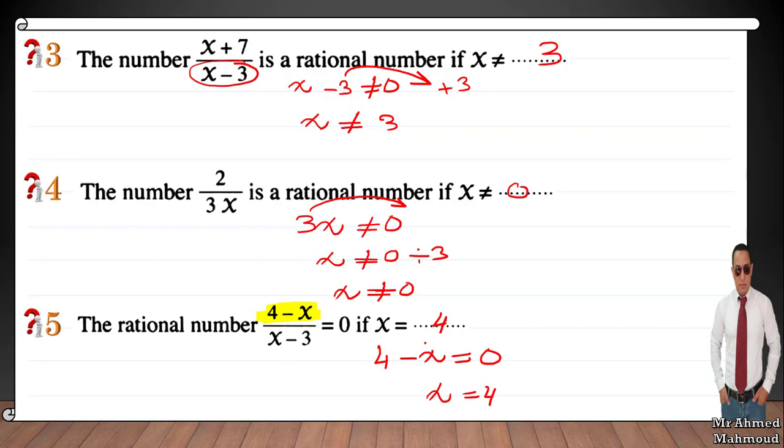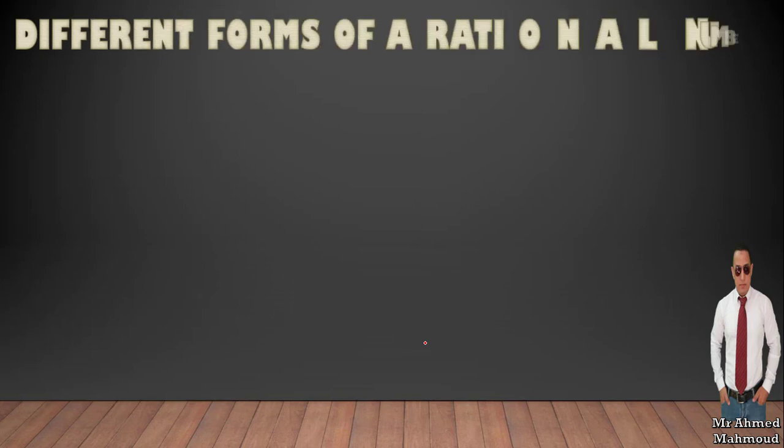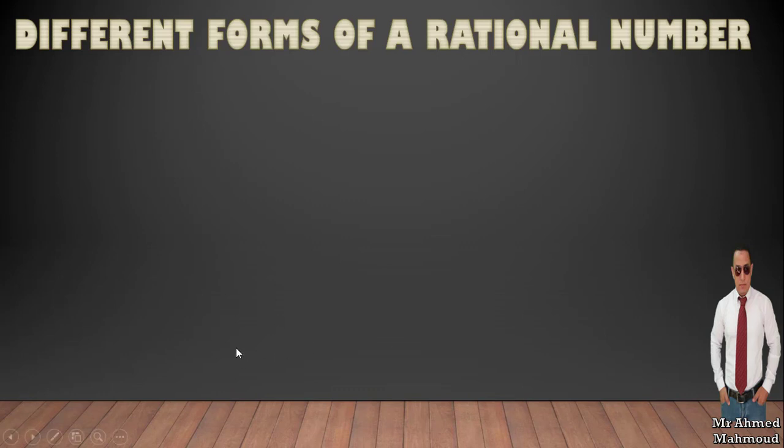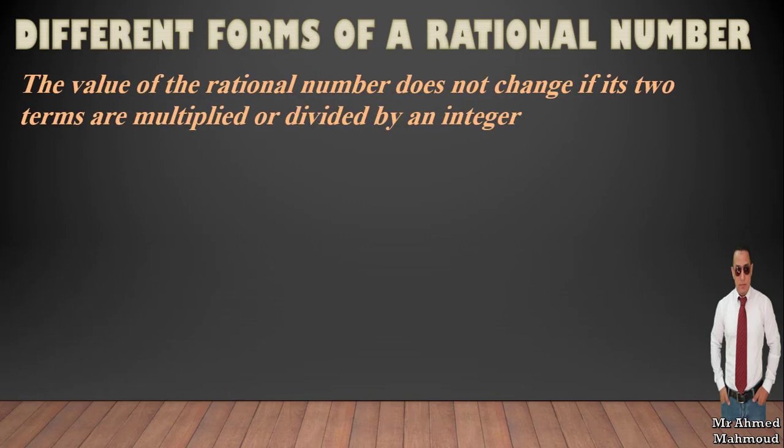Now let's study the different forms of rational numbers. We have a fact or rule we studied in the primary stage related to fractions.